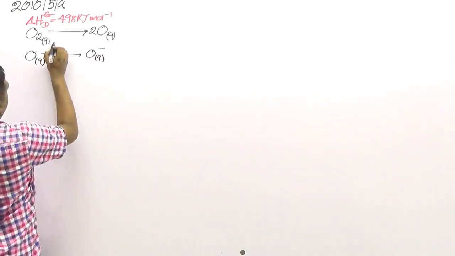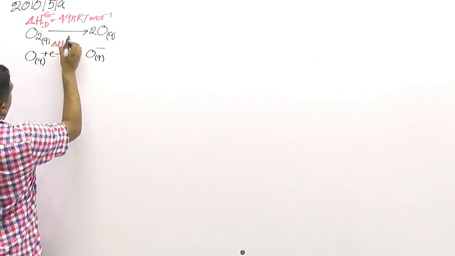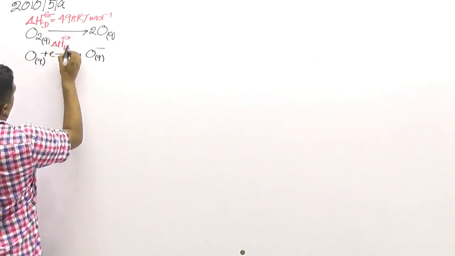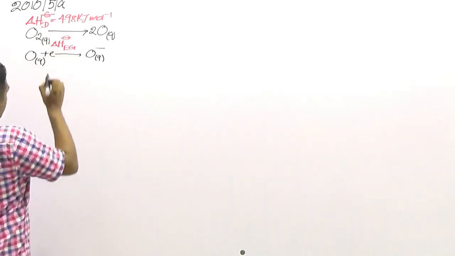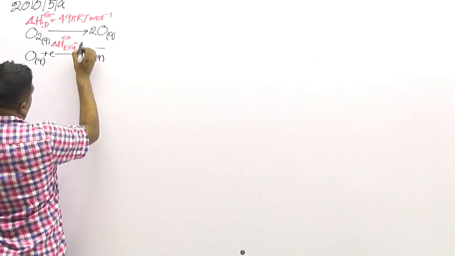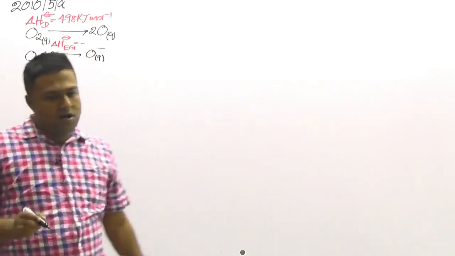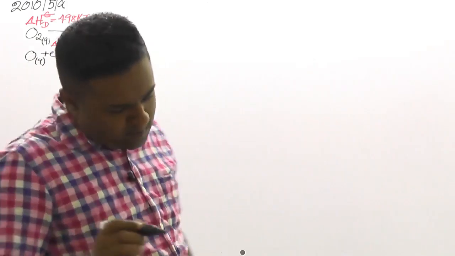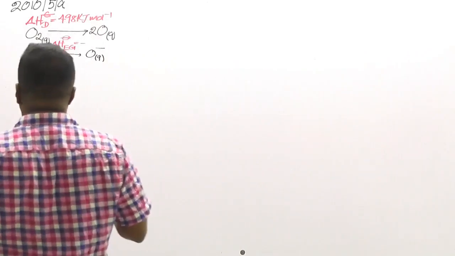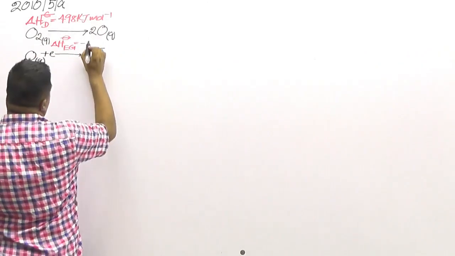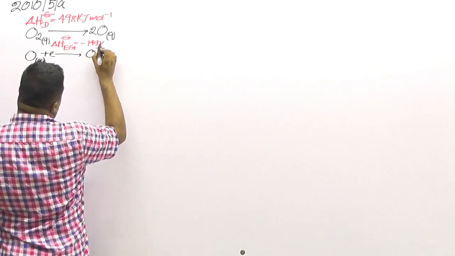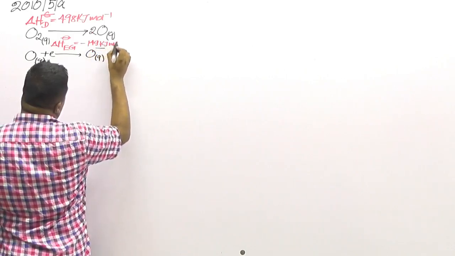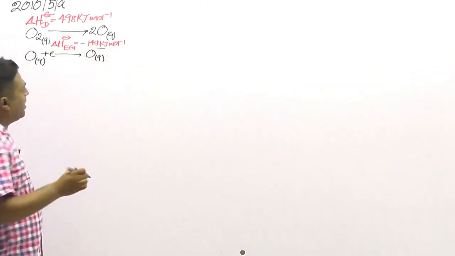So delta H naught electron gain enthalpy is minus 149 kilojoules per mole.